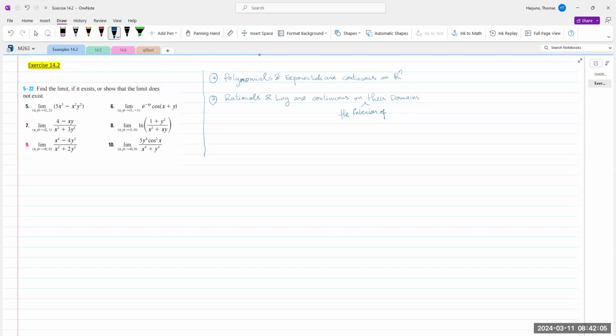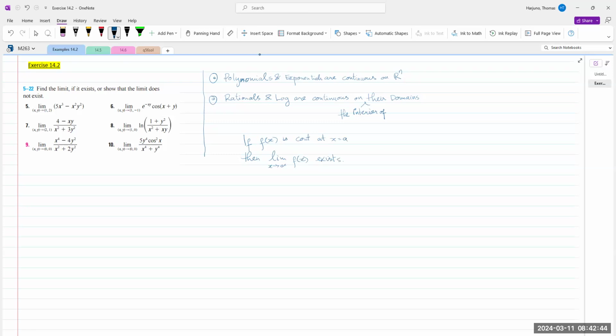Now, why do I mention continuity first, while in our textbook we talk about limits first, then continuity? Because I basically want to borrow the idea that if a function f(x) is continuous at x equals a, then the limit as x approaches a of that function exists.